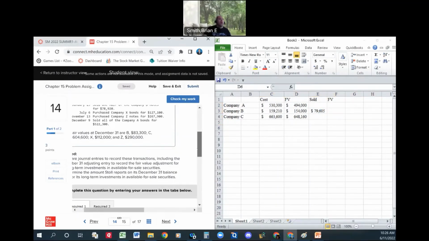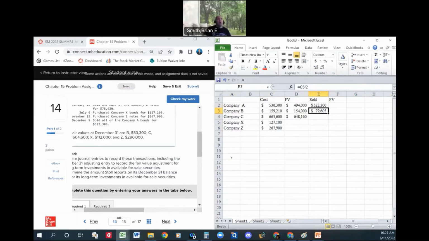Purchase Company X bonds for 127,100. Company Z for 267,900. Sold all of Company A bonds for 522,300.